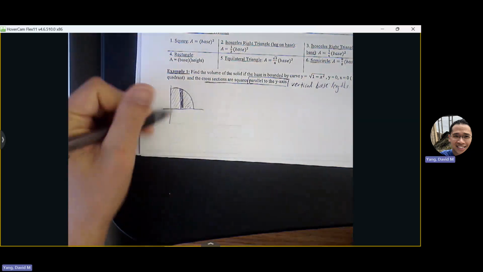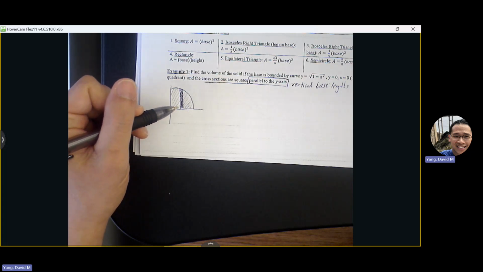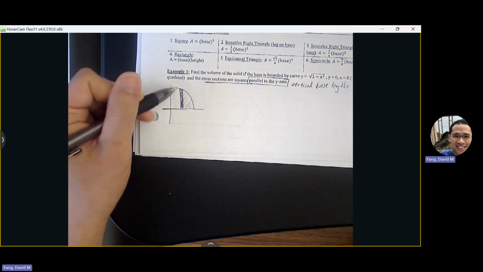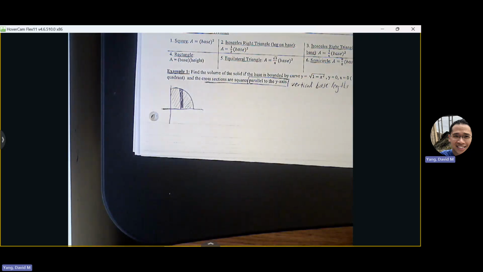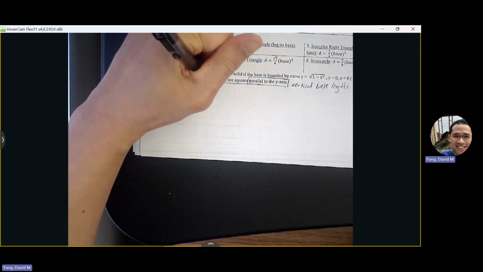Now, the good thing is that anytime we see a vertical length, you're going to do the same thing as area or disk or washer method. You're just going to do top minus bottom. Okay, so we'll do top minus bottom. But we're going to call it the base length.